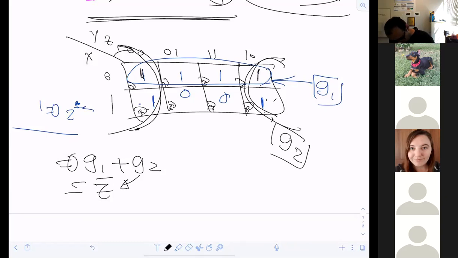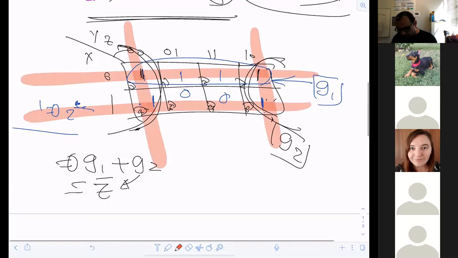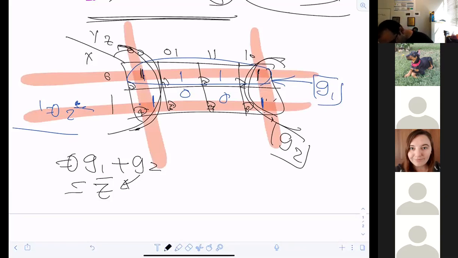Horizontal, it's X ORed with X complement, so it's gone. Now vertical, here is 0 in Y, here is 1 in Y, out. Here is 0 in Z, here is 0 in Z, so they're common. So that's actually Z complement. Make sense?